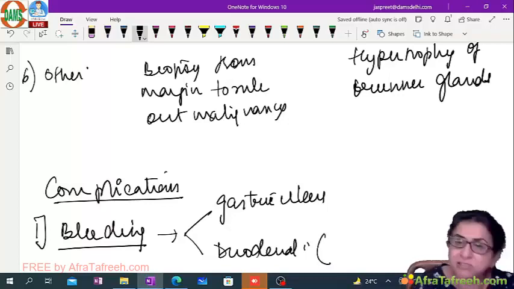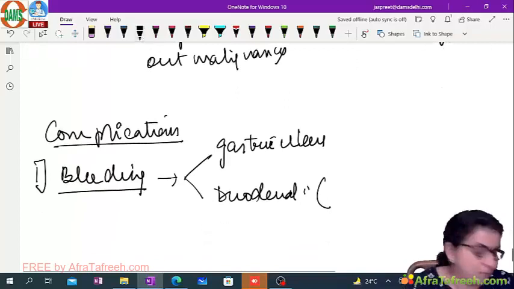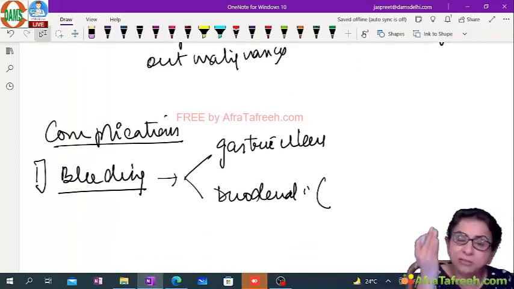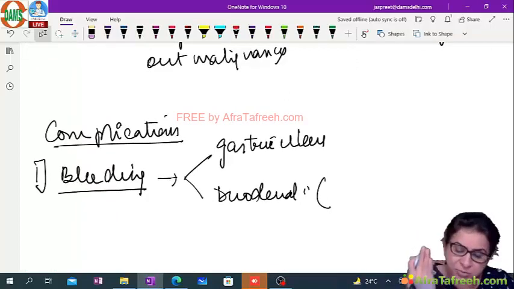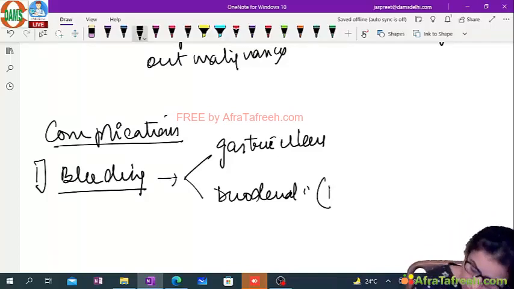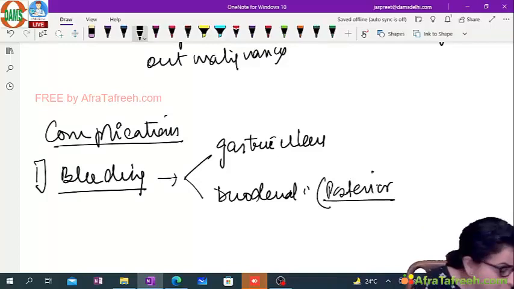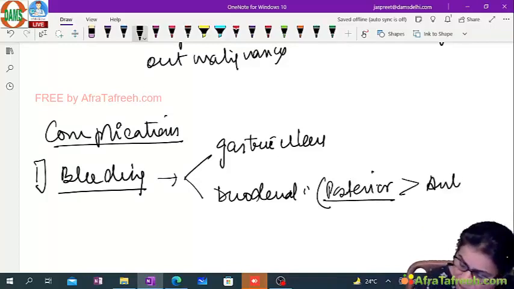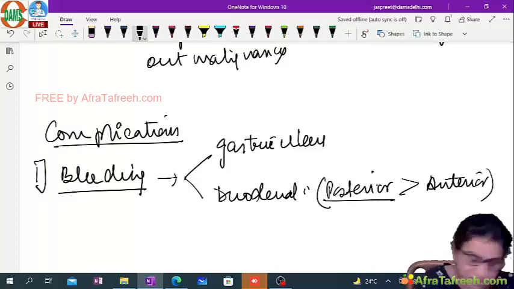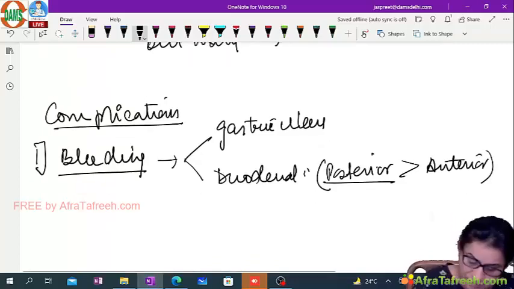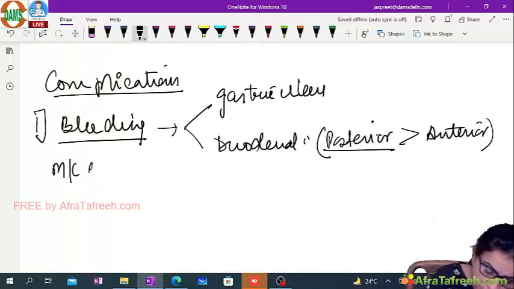In duodenal ulcers, bleeding is more common with ulcers located on the posterior wall. In the duodenum you have the anterior and the posterior wall, and posterior wall ulcers are more likely to bleed than the anterior, and bleeding is the most common complication.